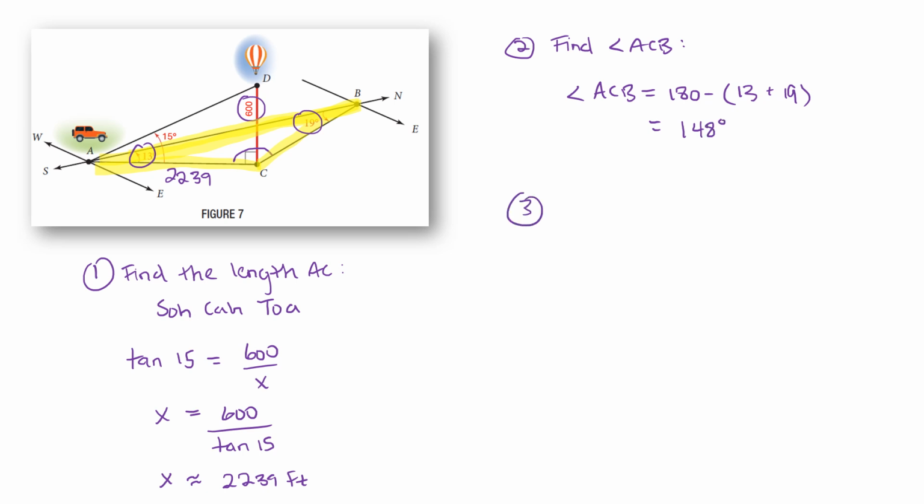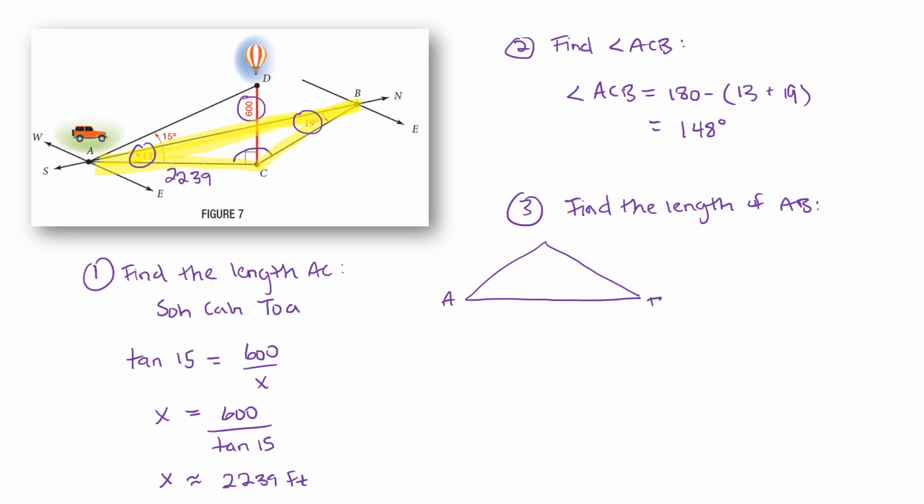So our last step is to find the length of AB. That's the distance that the people are going to have to walk from the Jeep to the service station. Just to help us out a bit, let's resketch this triangle. It's a little upside down, but that's okay, we're just going to flip it.